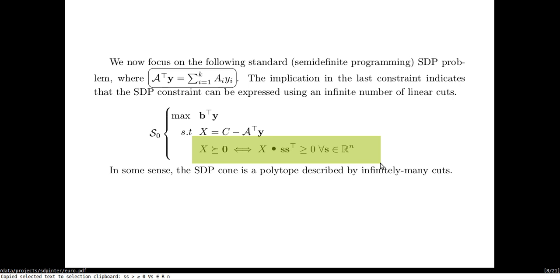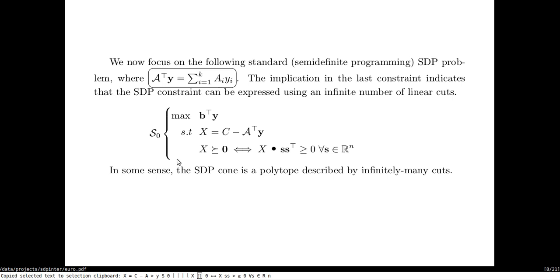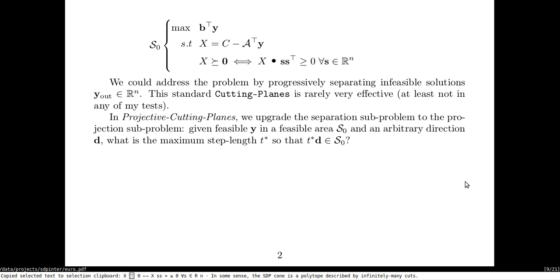From this point on, I will see the SDP cone as a polytope described by infinitely many cuts. But as I said before, when implemented on my machine, or on yours, the number of cuts will always be finite in reality.